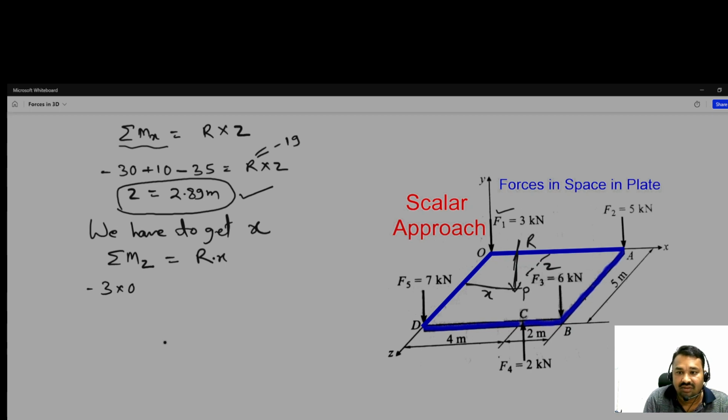And what about F2? This F2 is 5, minus, then the x distance is required, since we're taking moment about z. So how much is the x distance here? It is 4 plus 2.